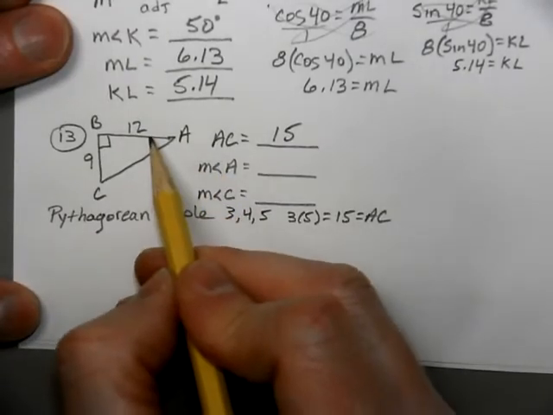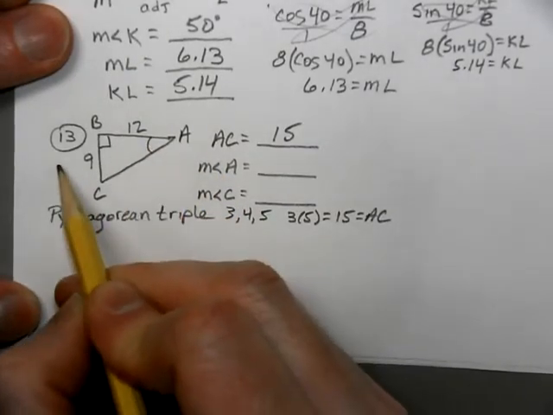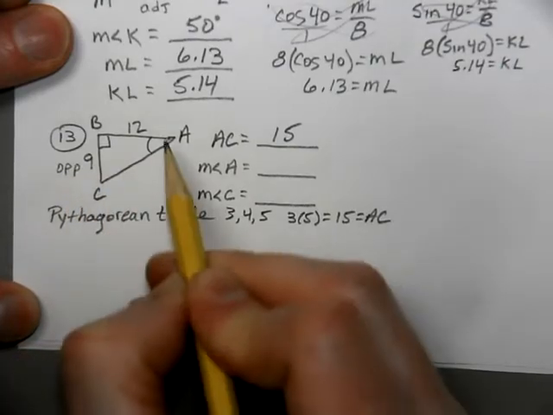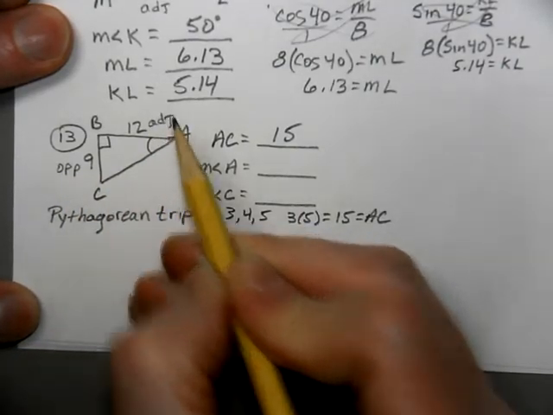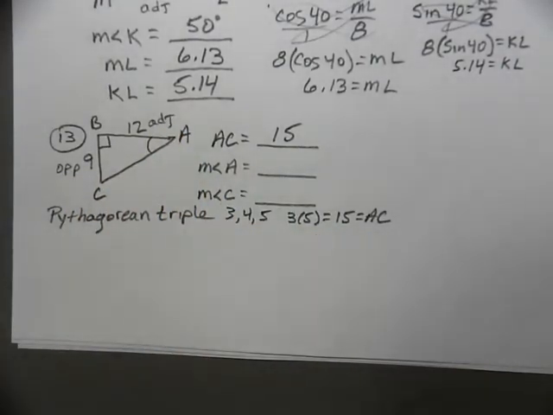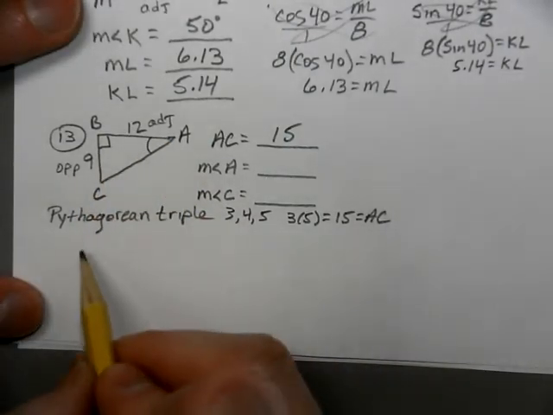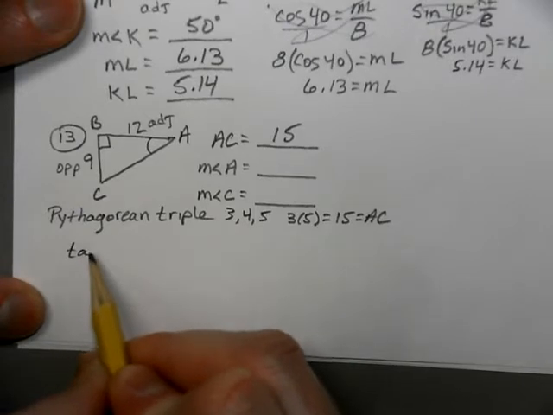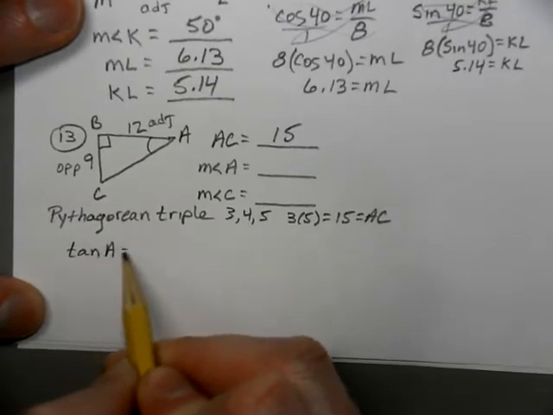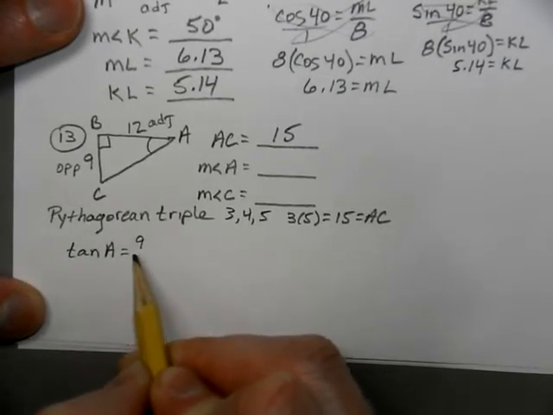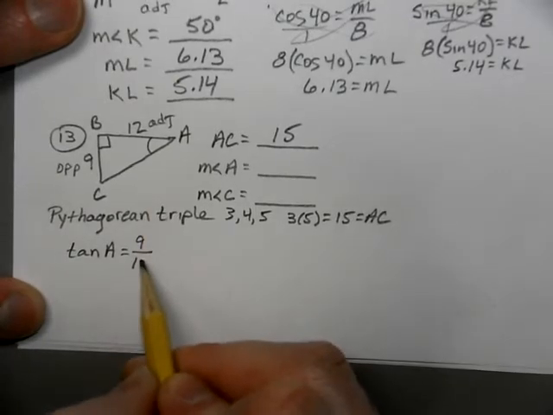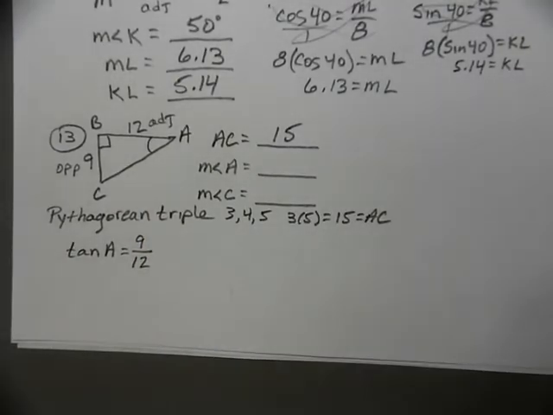Next, to figure out the measurement of angle A, I'm looking at the opposite and I'm looking at the adjacent. We've talked about SOHCAHTOA before, and opposite over adjacent is tangent. Tangent of A is the opposite side over the adjacent side. Now we're trying to figure out the measurement of angle A. We know the sides, so we're not ready to cross multiply.